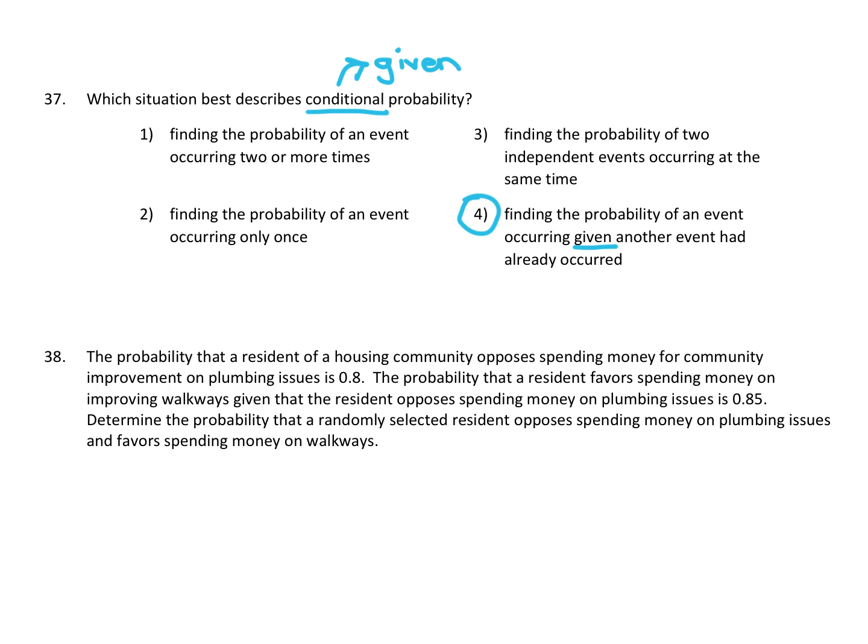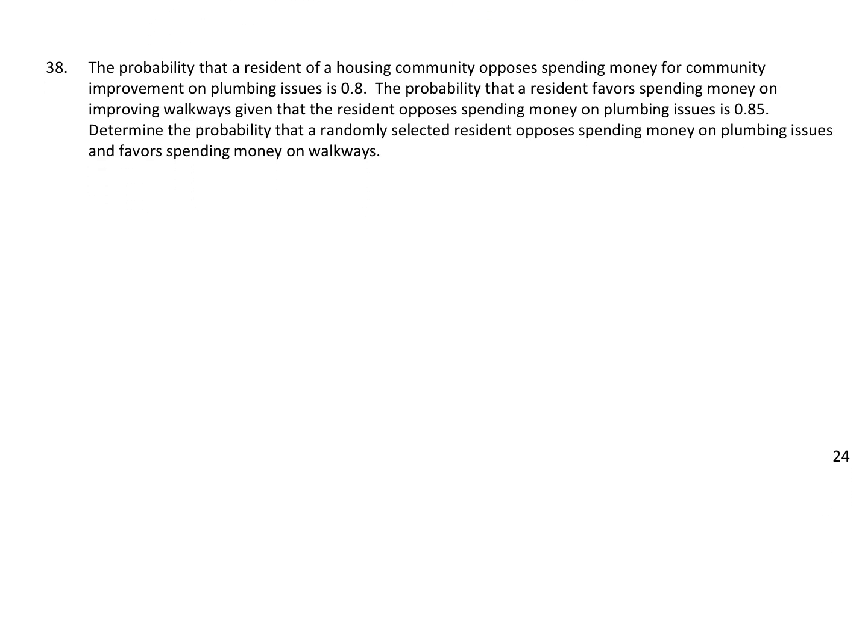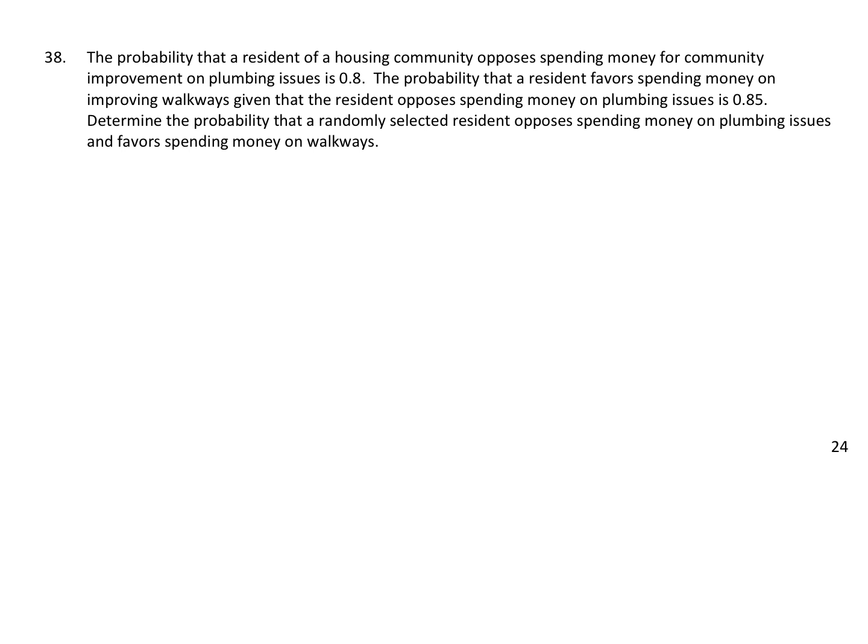All right, number 38, that's the final one we're going to do today. Now, the first thing you may want to do is just organize your information. So it says the probability that a resident of a housing community opposes spending money for community improvement on plumbing issues is 0.8.